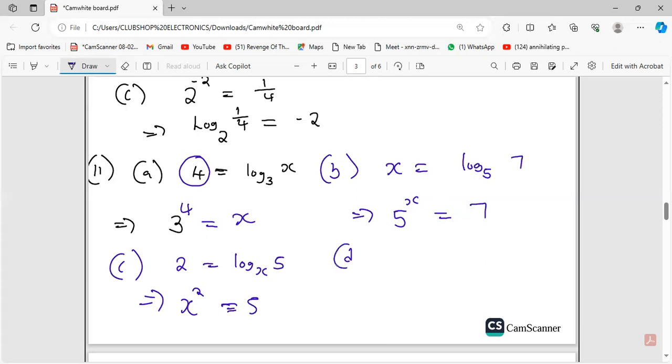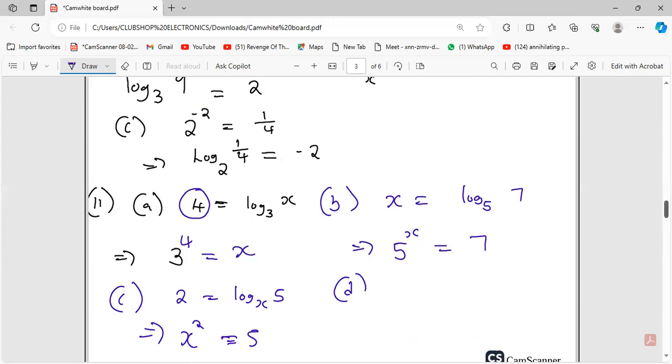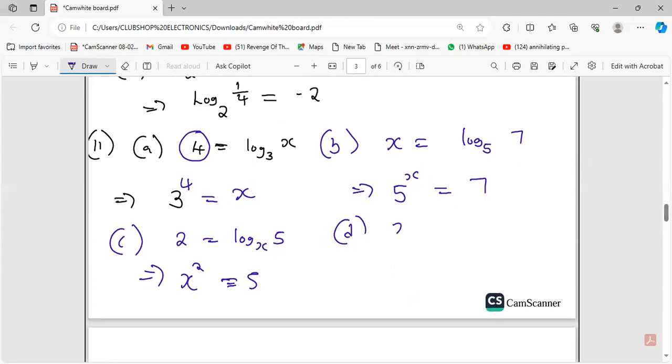Then D, we have got 2 equal to log base 10 of x plus 5.